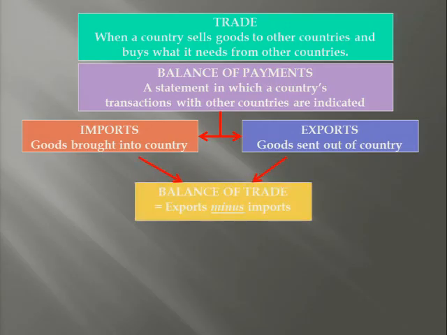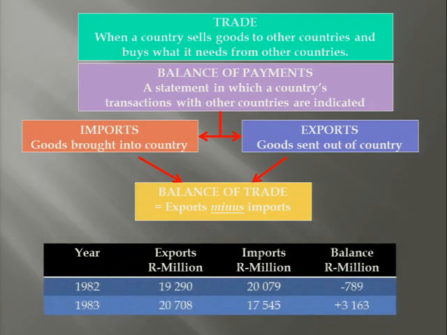Now, the balance of trade, we look at the exports and the imports and say exports minus imports is the balance of trade. Now let's look at the table that is on the screen. Let's look at the year 1982.